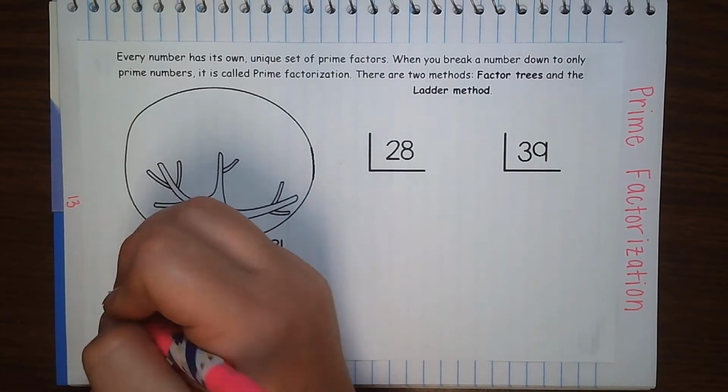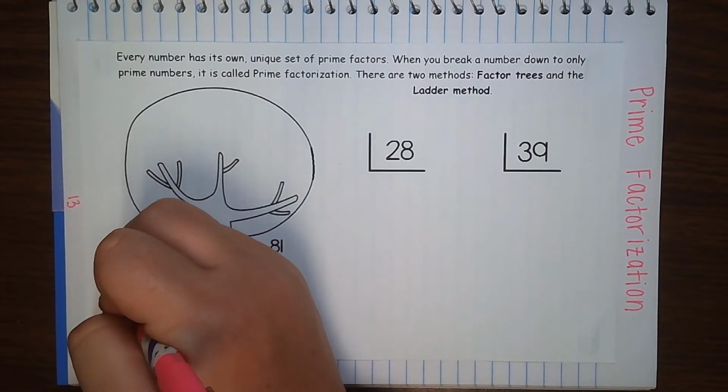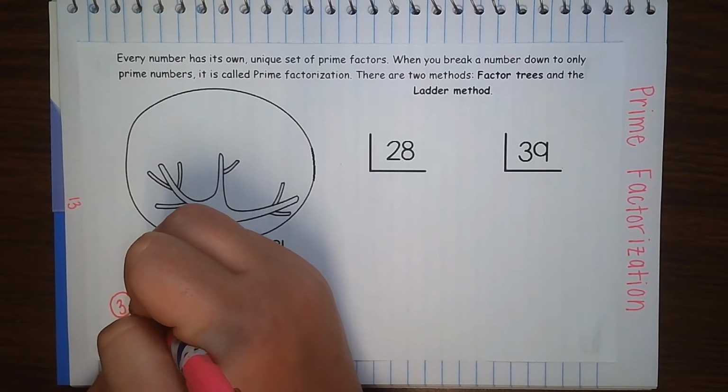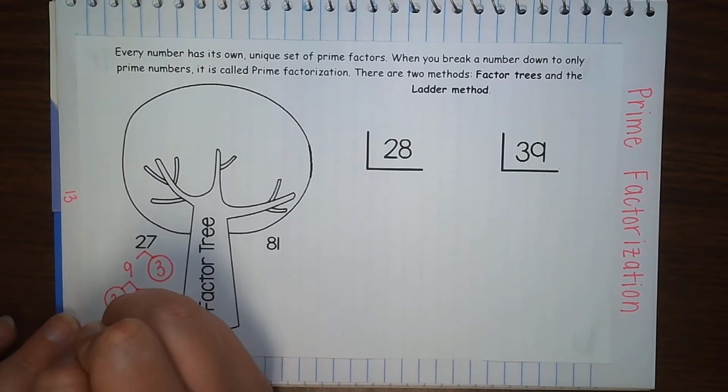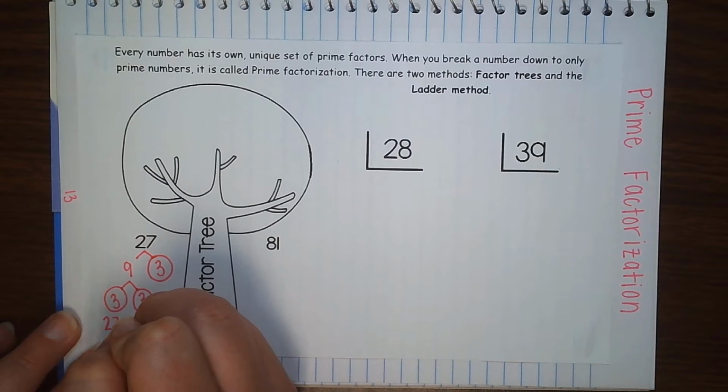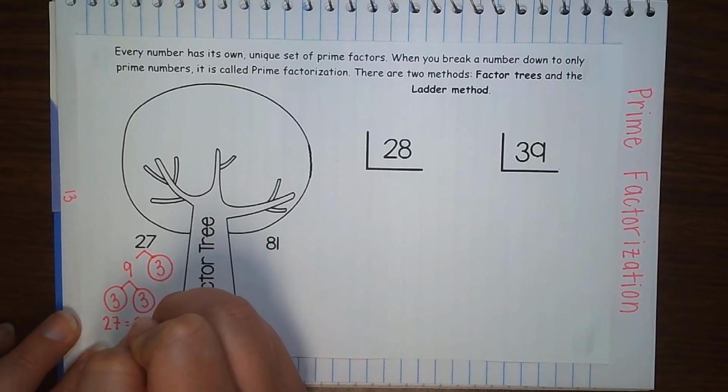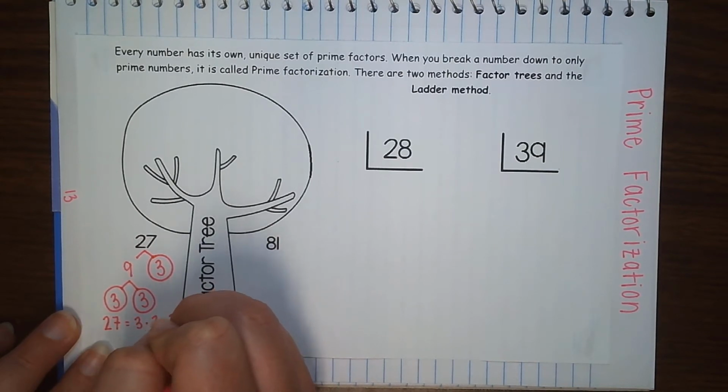Both of those are prime numbers, so I'm going to circle them. And what that means is 27 is equal to 3 times 3 times 3.